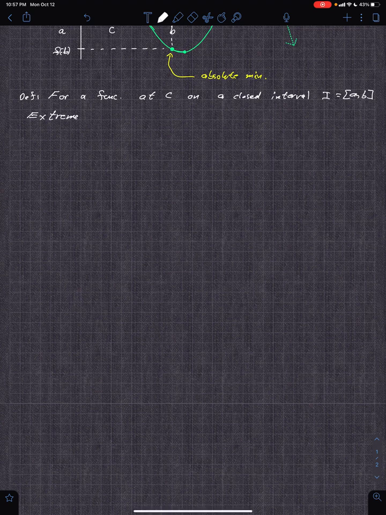So extreme values, we have the absolute maximum.